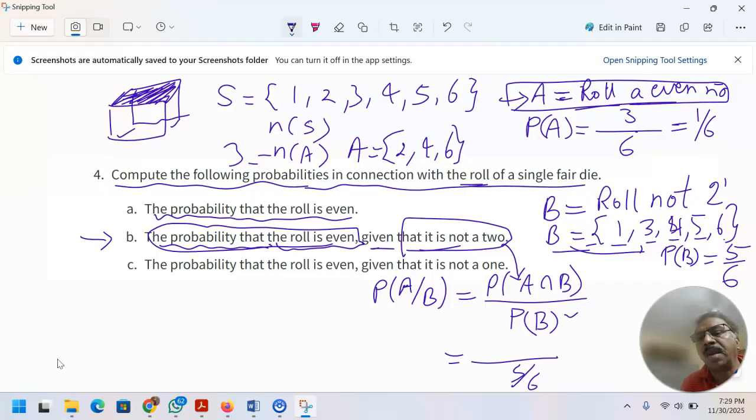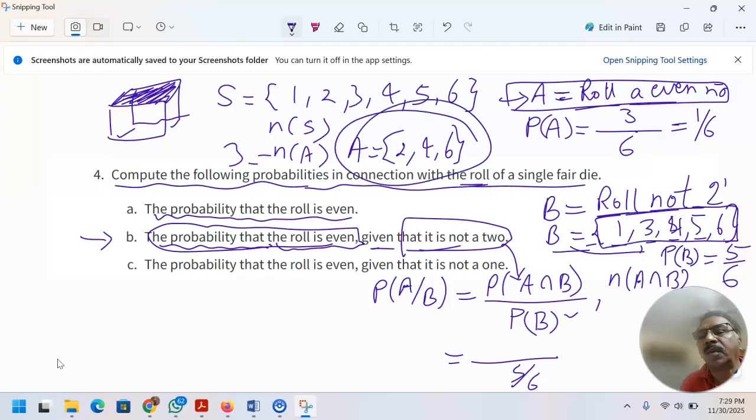But then how many are both? We need to know the number of outcomes favoring that it is A, it is even, and also it is not 2. A is 2, 4, 6, and B is 1, 3, 4, 5, 6.